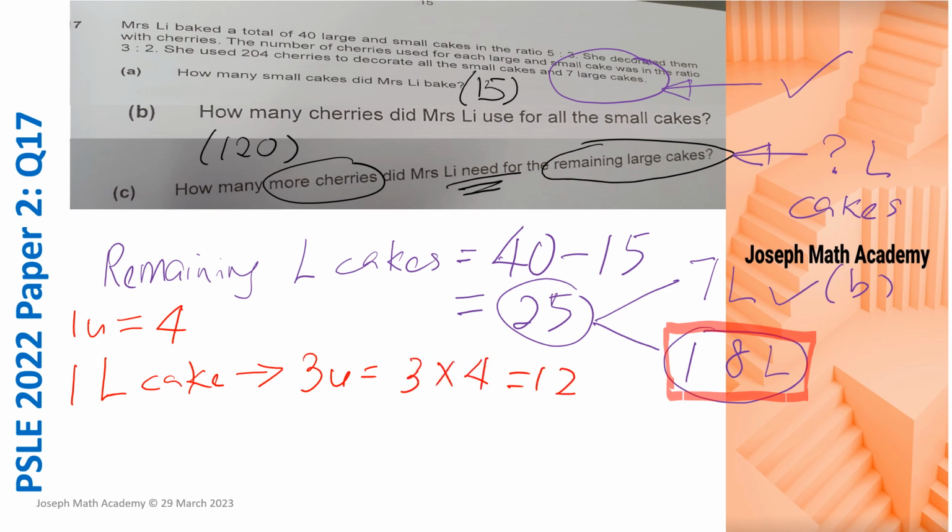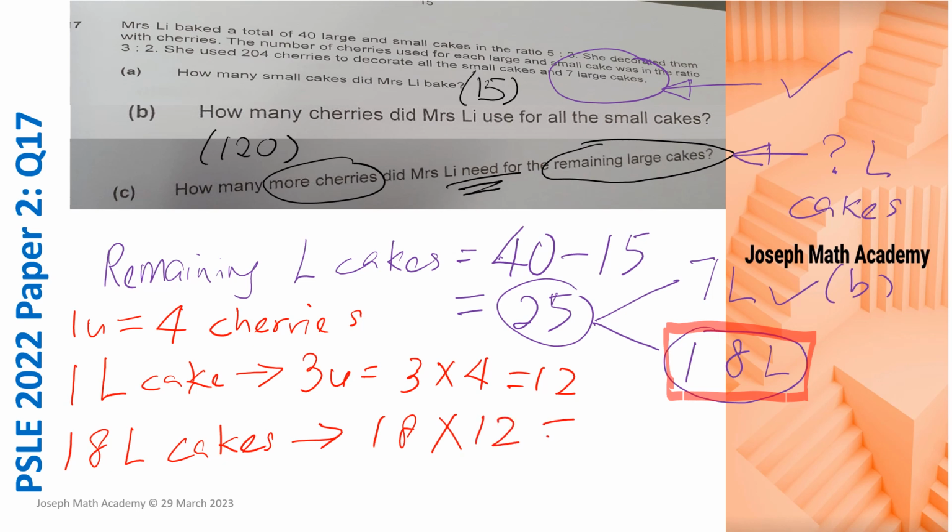So one large cake requires 12 cherries for decoration. And we know that there are 18 remaining cakes, so 18 times 12 will be our final answer for part C. That is 216. So part C is done.